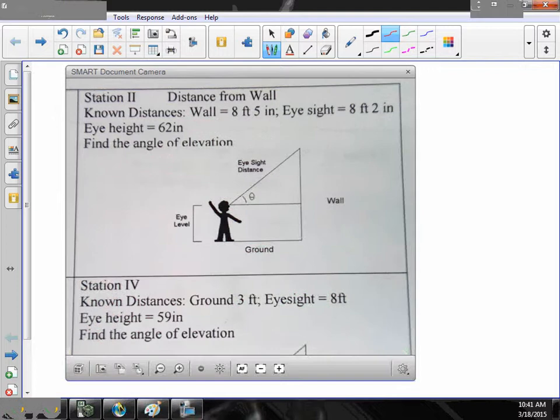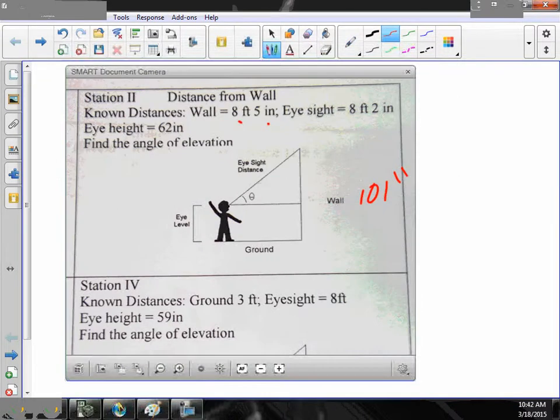Okay, station 2. Distance from the wall. So we know that the wall is 8 feet 5 inches. 12 times 8 is 96, plus 5 more, 101. So this is 101 inches. And the eye side is 8 feet 2 inches.